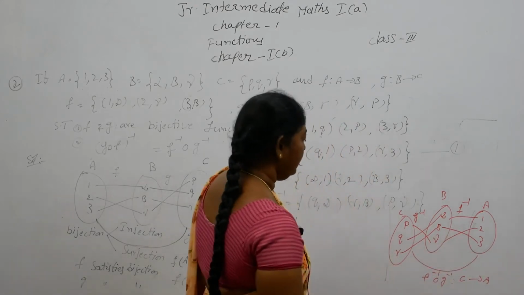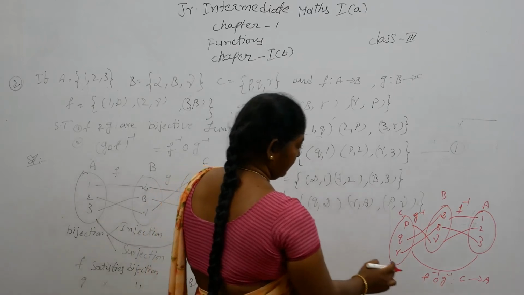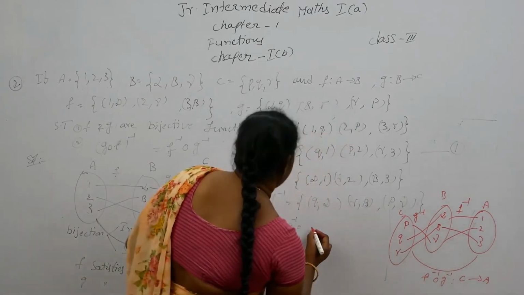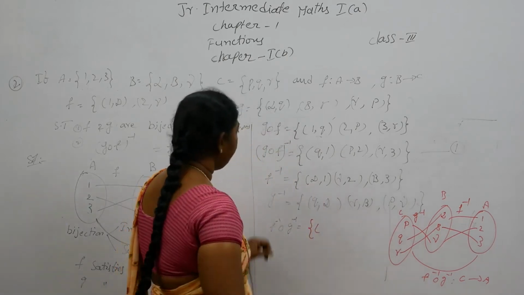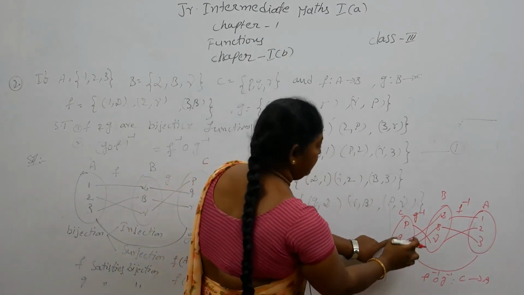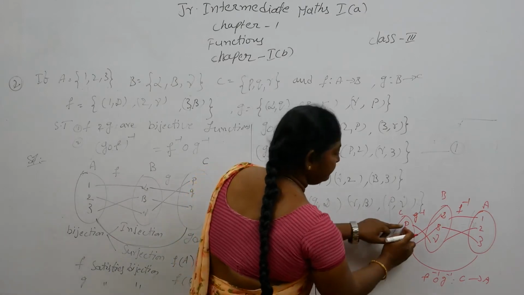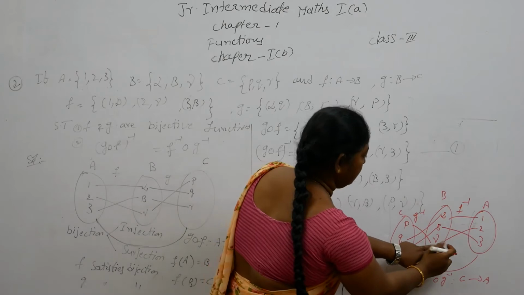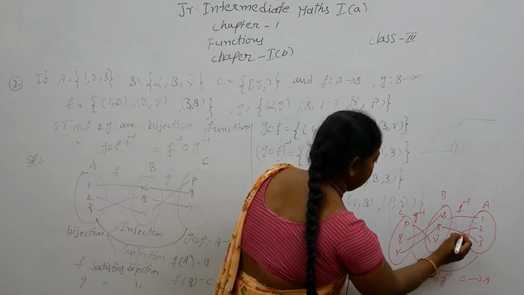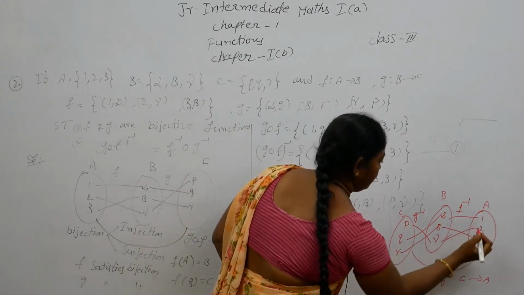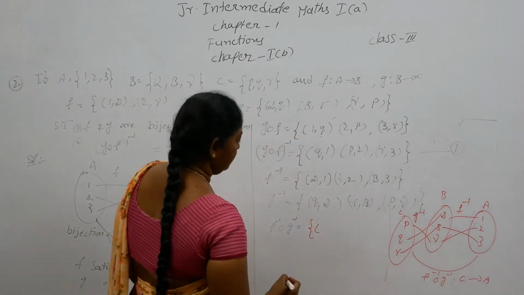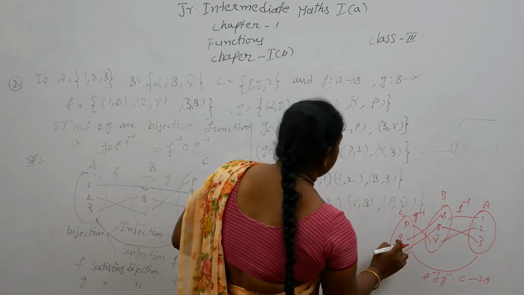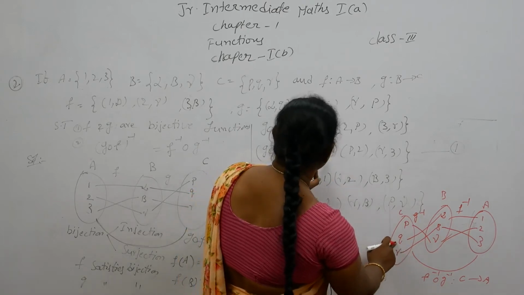So here ordered pair, first one P to gamma, R to beta, Q to alpha.